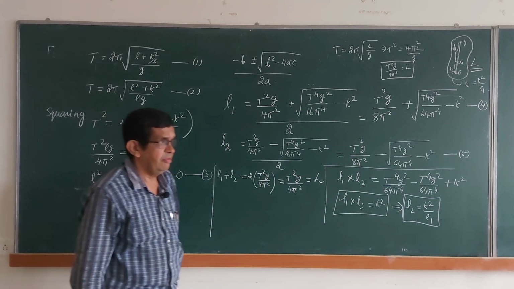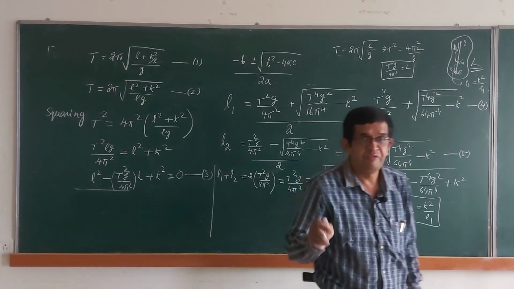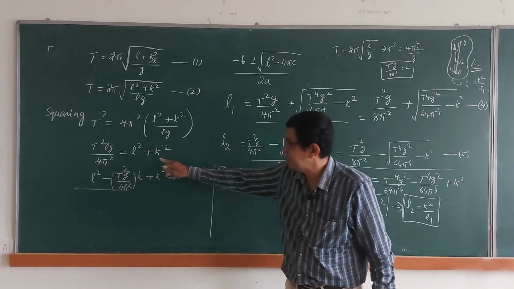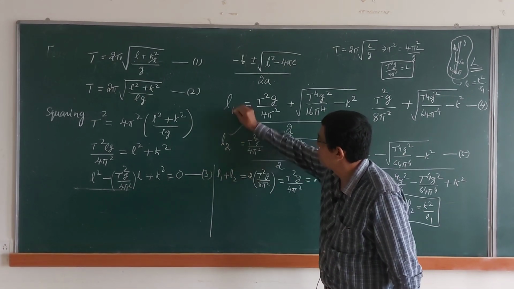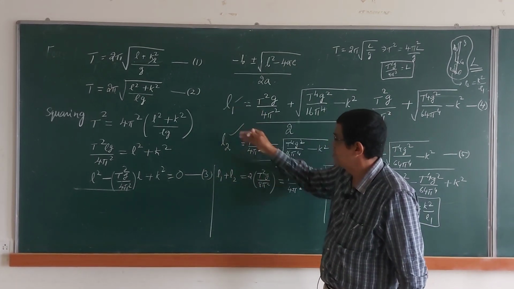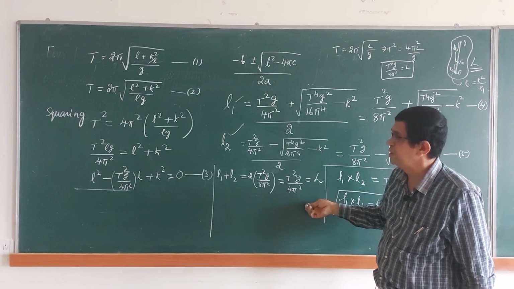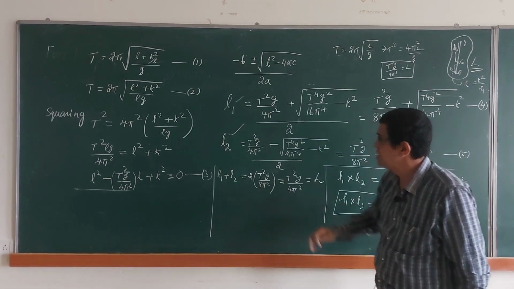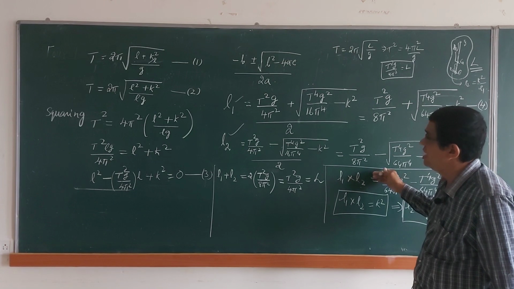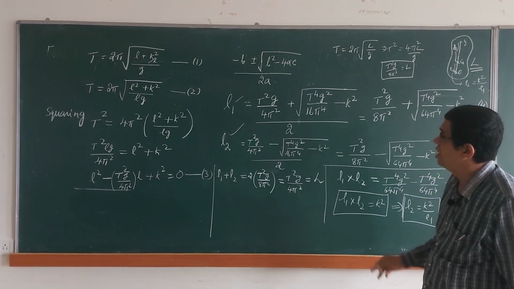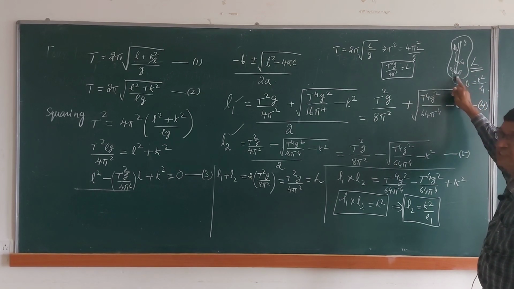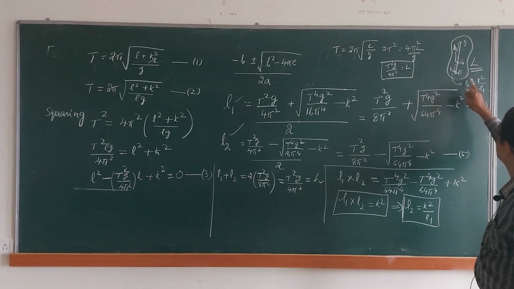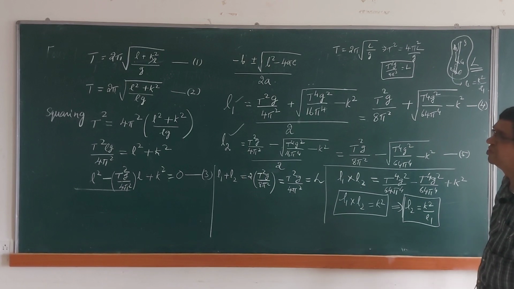We have discussed that we have two roots for this quadratic equation in L. One root we have written as L1, the other root as L2. L1 plus L2 gives the length of the compound pendulum, and L1 into L2 gives k square. That implies that the point is situated on the other side of the center of gravity at a distance equal to k square by L1.